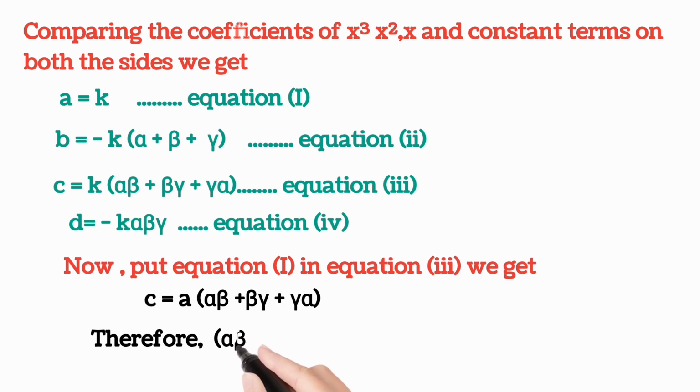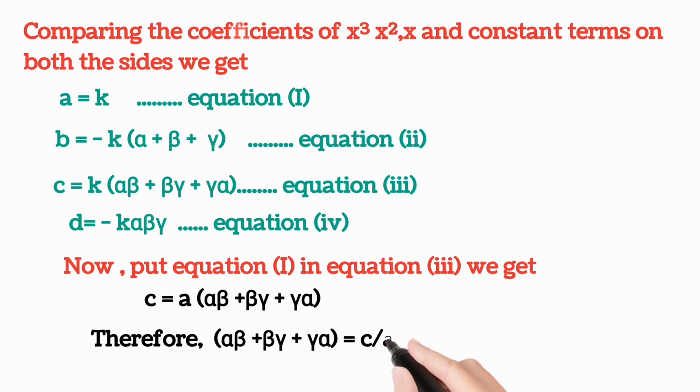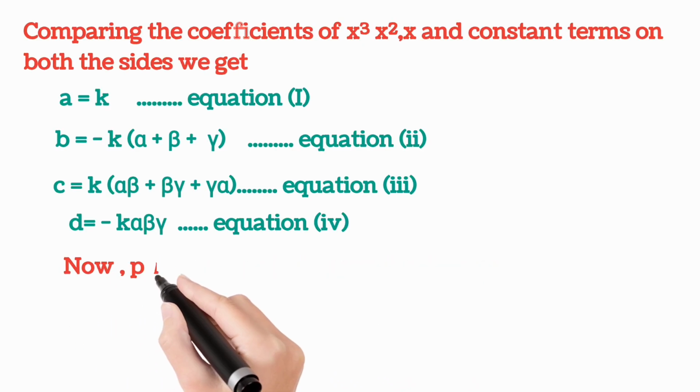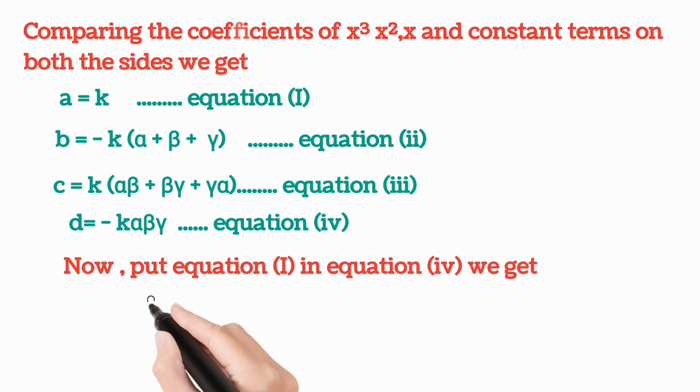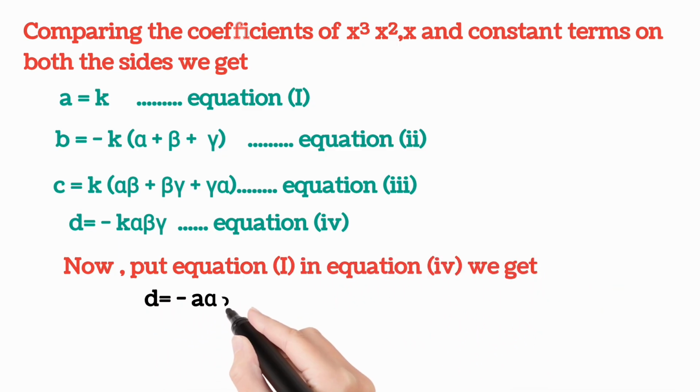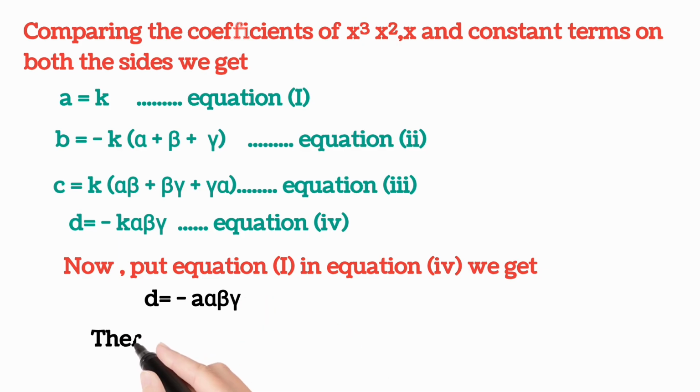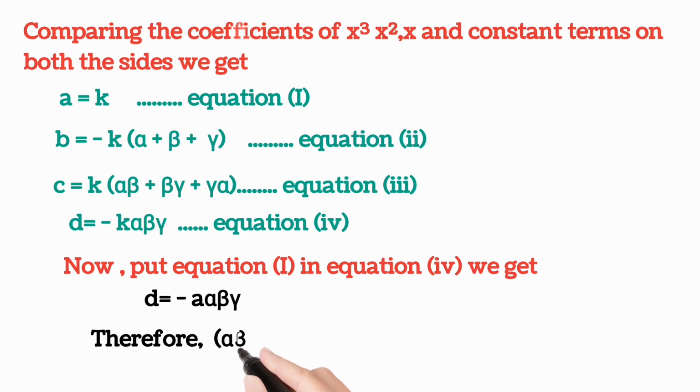Therefore alpha beta plus beta gamma plus gamma alpha is equal to c by a. Now put equation 1 in equation 4, we get d equal to minus a alpha into beta into gamma. Therefore alpha beta gamma is equal to minus d by a.